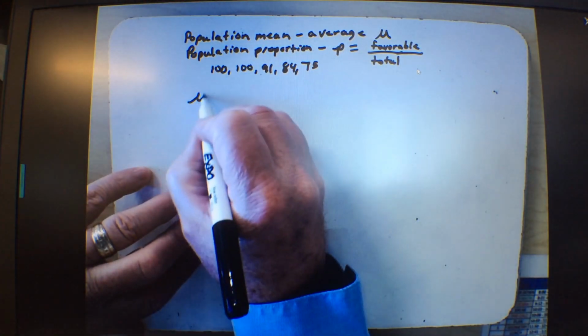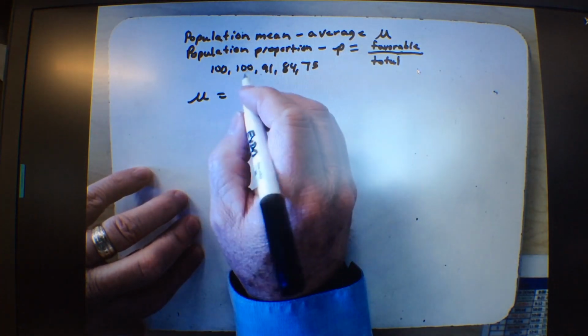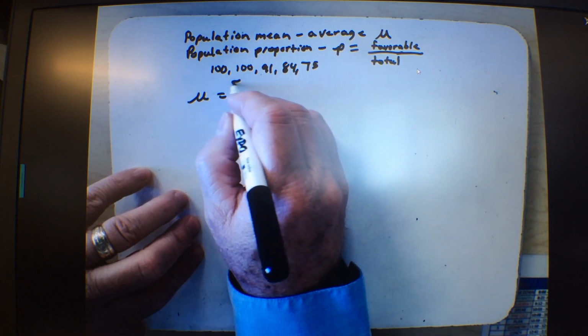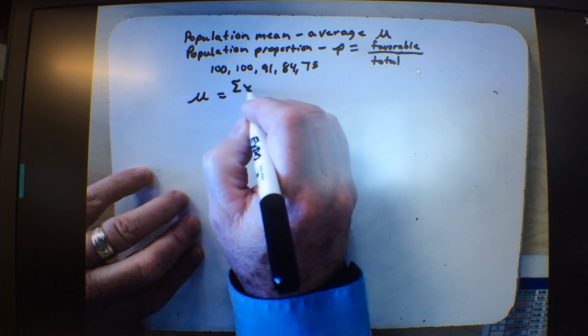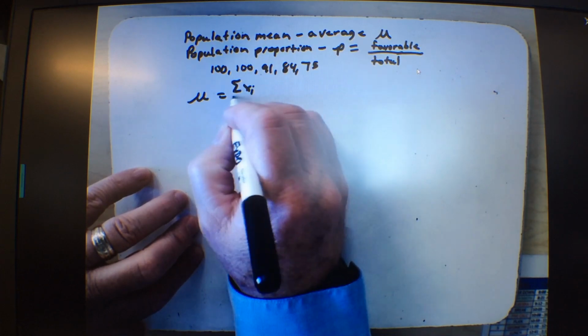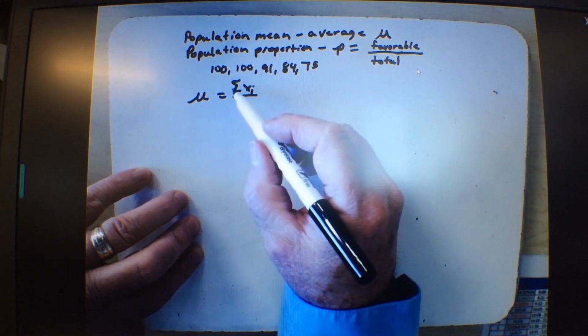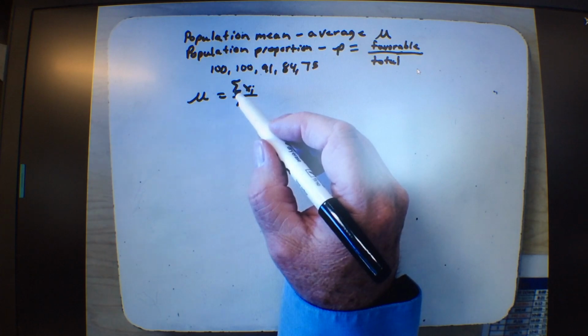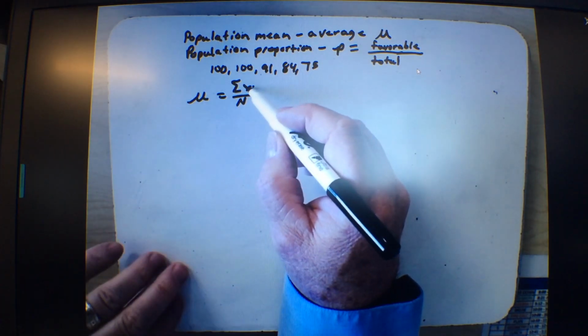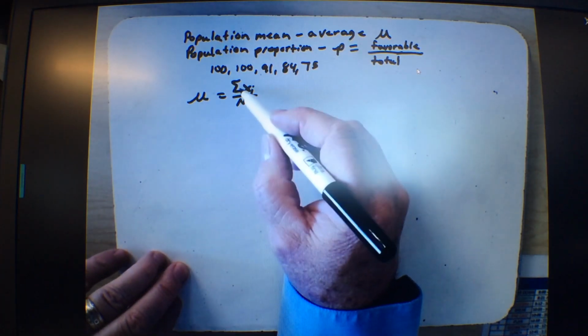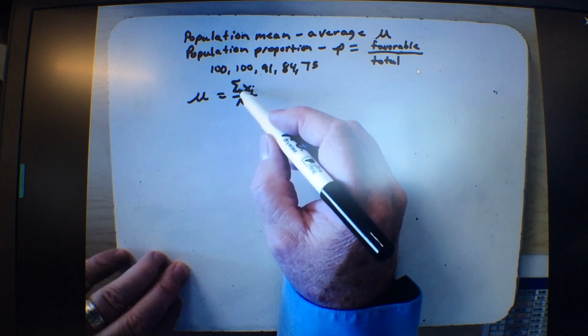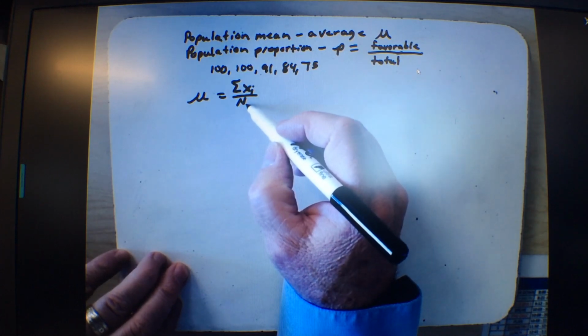So the average of the population, they write it like this, but this symbol right here is called summation. What it means is you add up all the x's, all the test scores, and then we divide by the total.